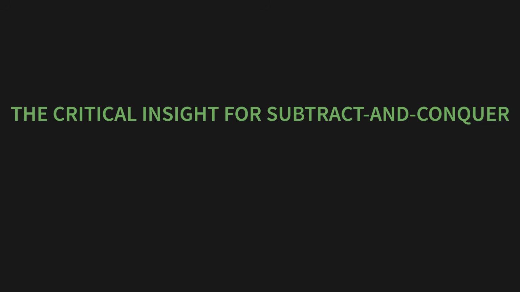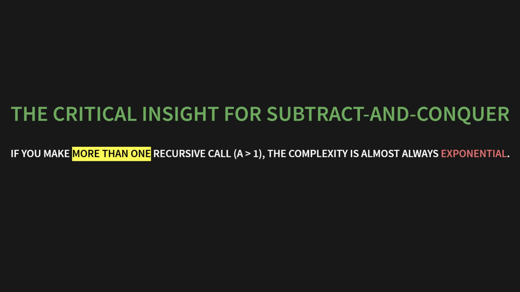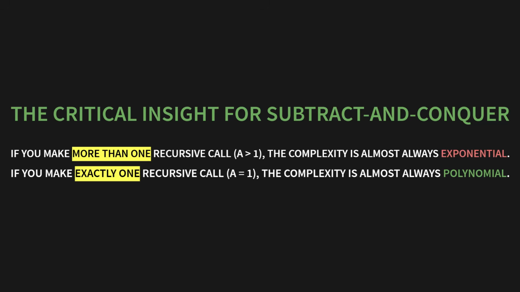If you make more than one recursive call where a is greater than 1, the complexity is almost always exponential. But if you make exactly one recursive call where a equals 1, the complexity is almost always polynomial. And that single number makes all the difference in the world.